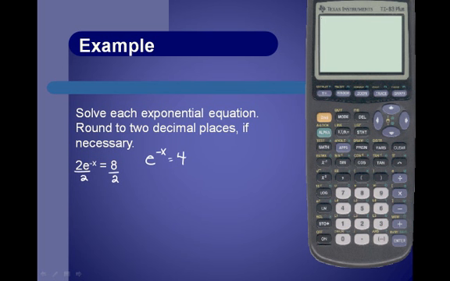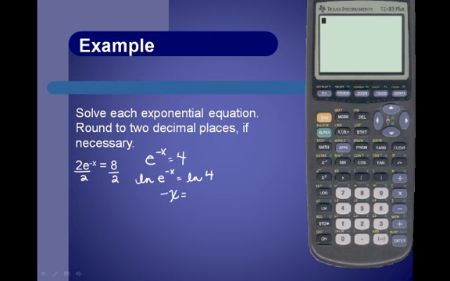Because we're looking for the power, that means log. Because the base is e, that means natural log. So that means we're going to take the natural log of both sides. So we'd have the natural log of e to the negative x and the natural log of 4. Well, the natural log of e to the negative x just means the power that we're raising e to get e to the negative x.